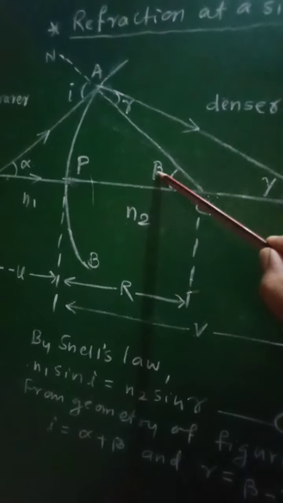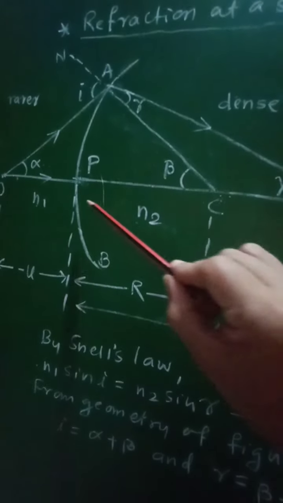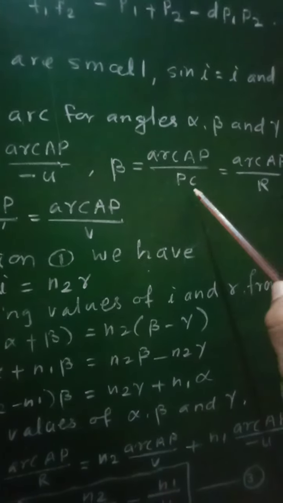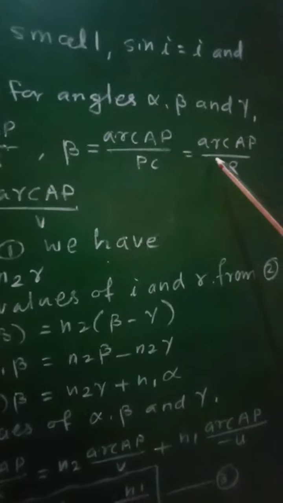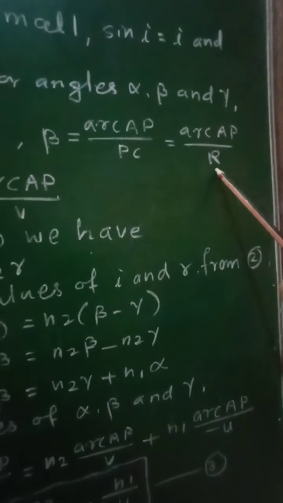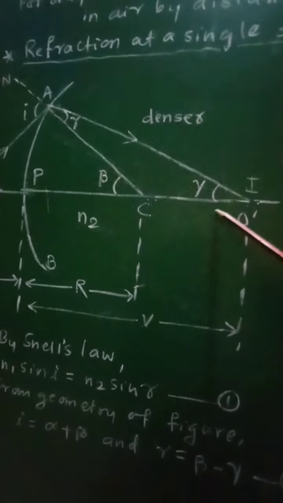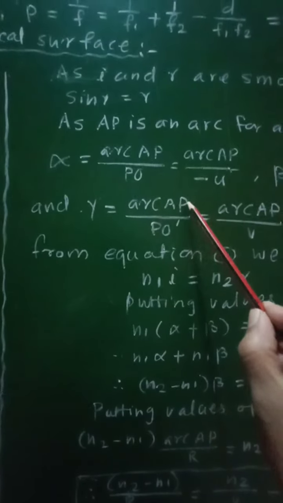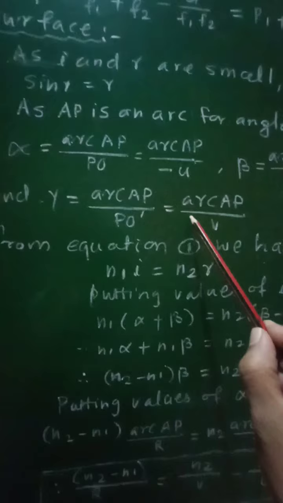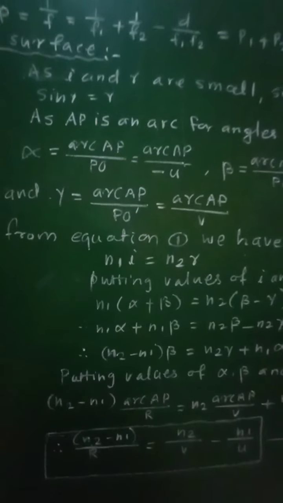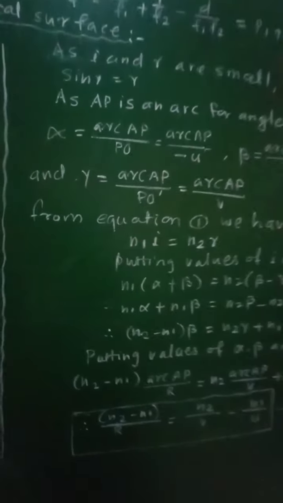Similarly, beta is equal to arc AP upon radius PC, and PC is equal to R, so beta is arc AP upon R. Similarly, gamma is equal to arc AP upon radius PO', and PO' is equal to v, so gamma is arc AP upon v.